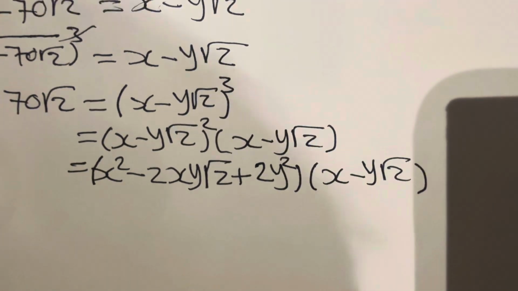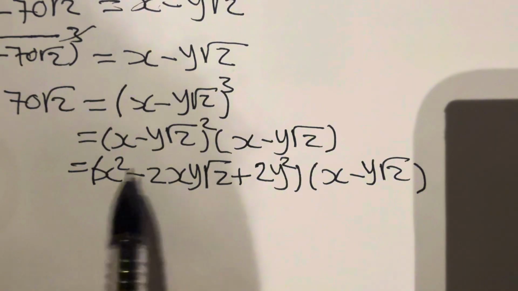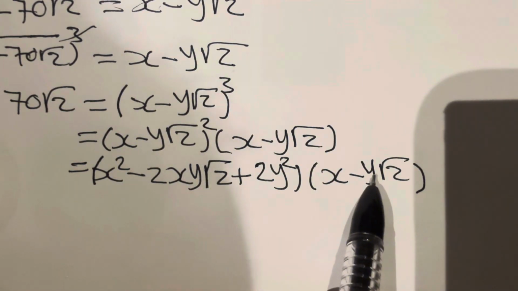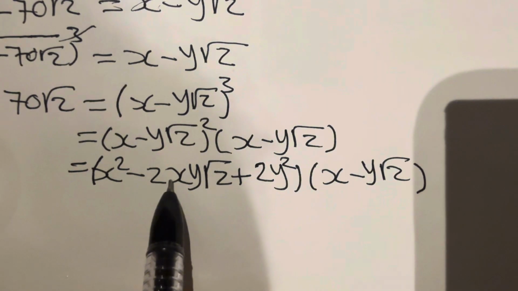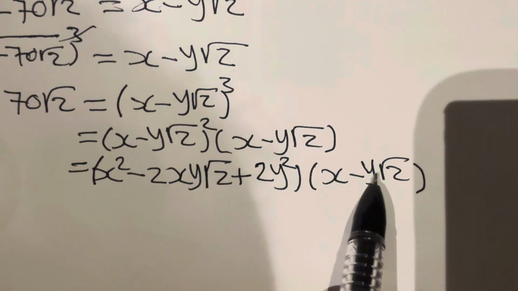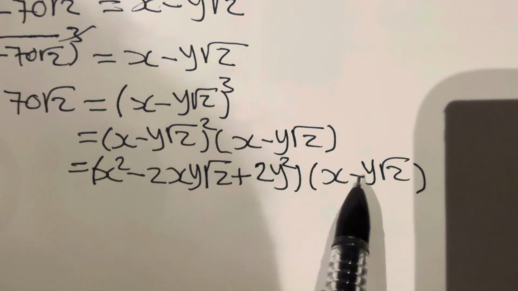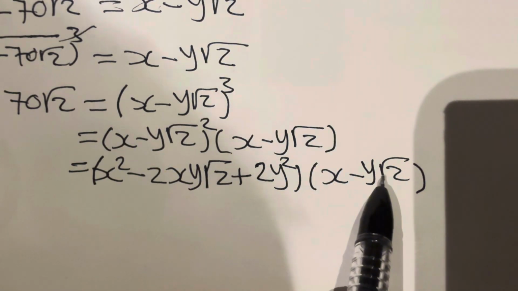So what we are going to do next, we have to multiply x squared by x, then y root 2 minus 2xy root 2 times x times minus y root 2, 2y squared times x times y root 2.